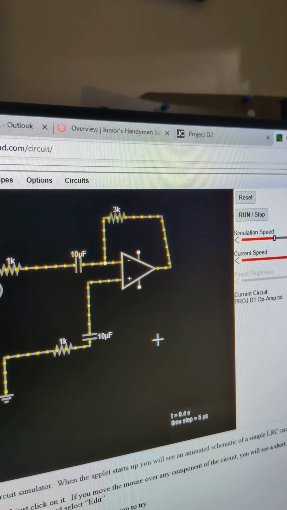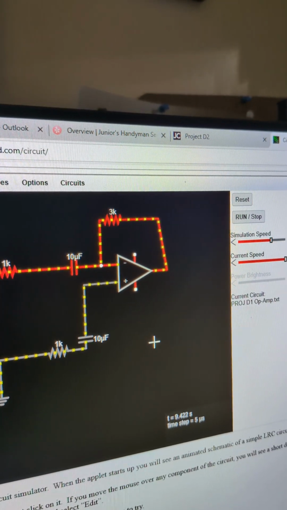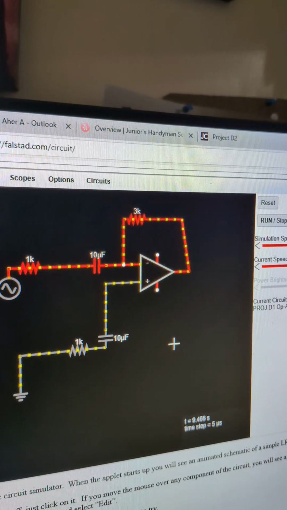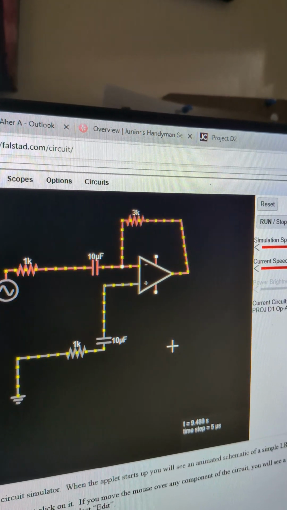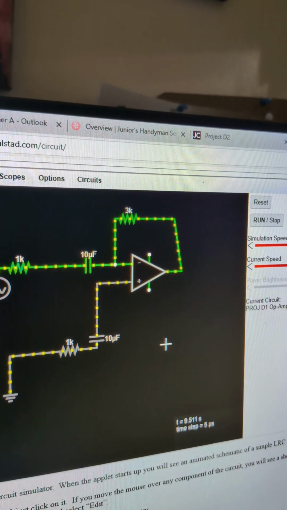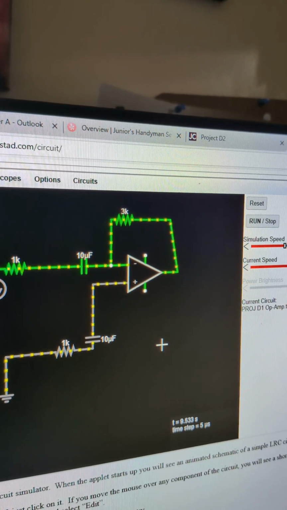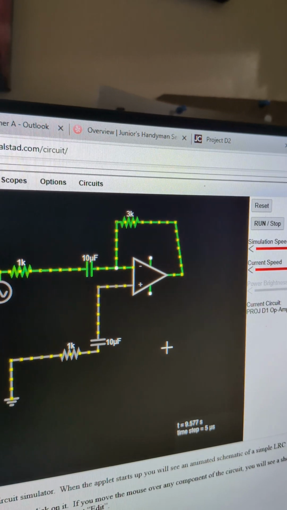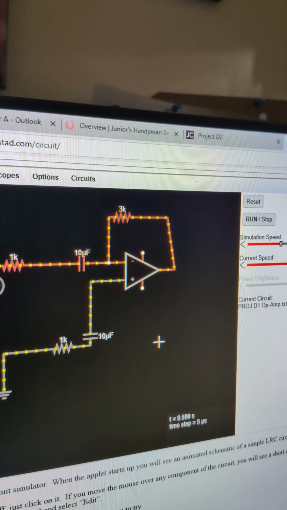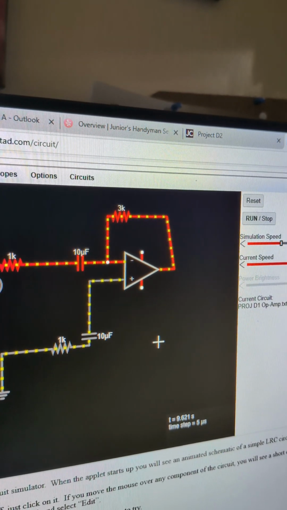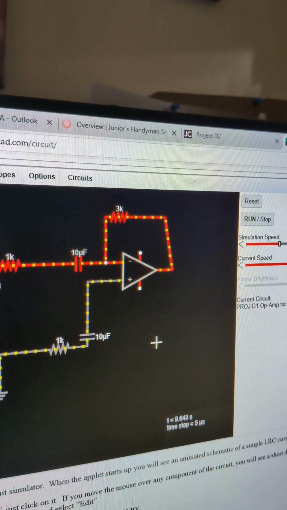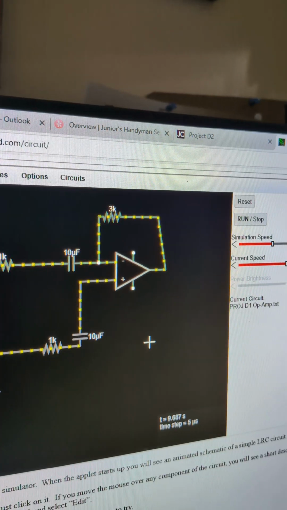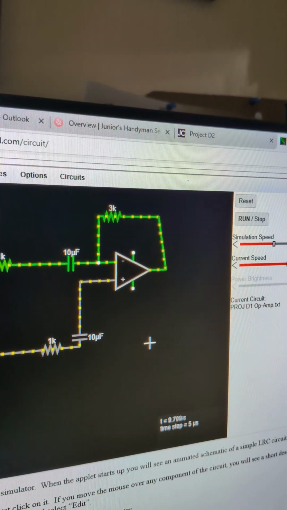As the frequency increases, the impedance of the capacitor decreases, effectively shunting higher frequencies to ground and reducing the feedback impedance, leading to attenuation. I cannot get that word.